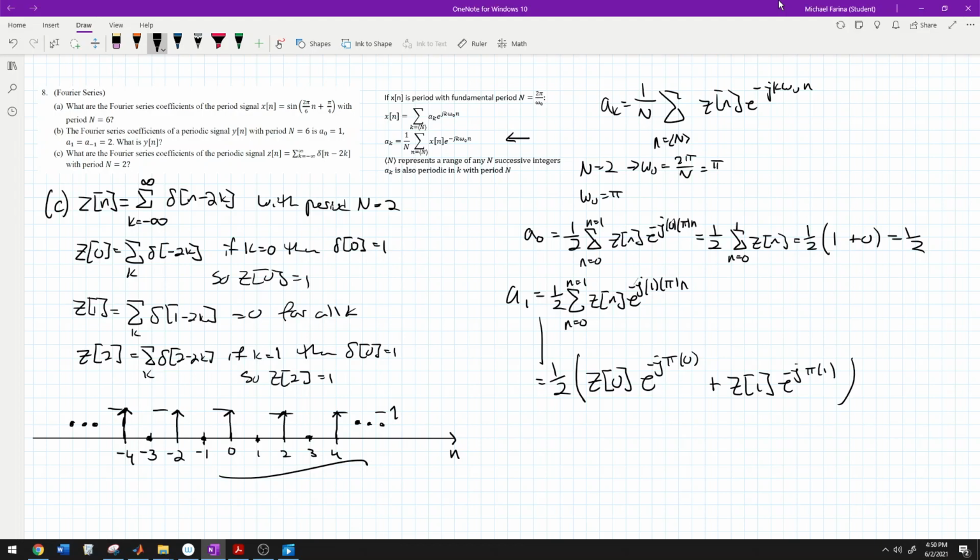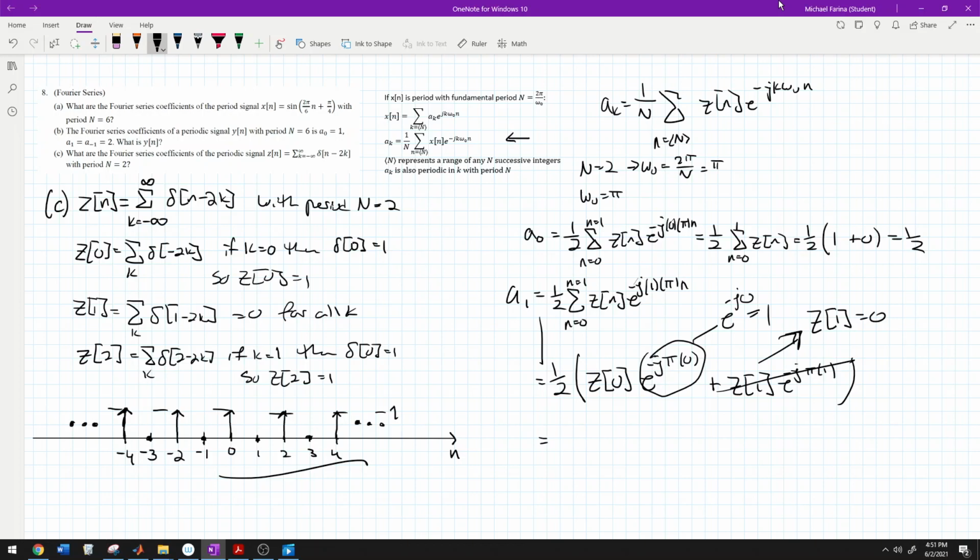Well, this term right here, z of 1 is equal to 0, so this goes away. Right here, this term becomes e to the negative j 0, which becomes equal to 1.